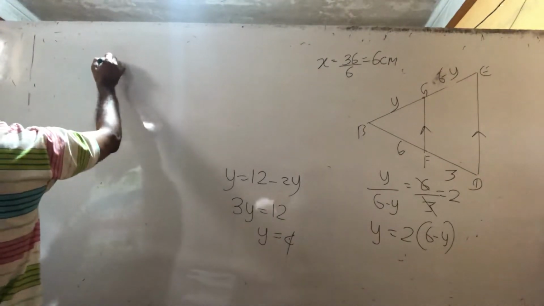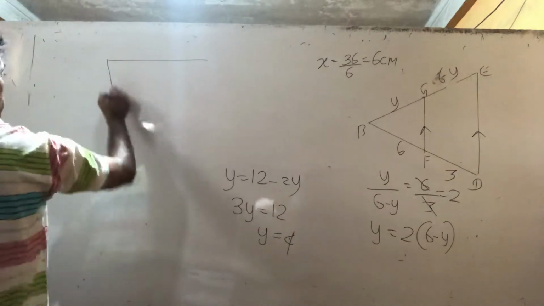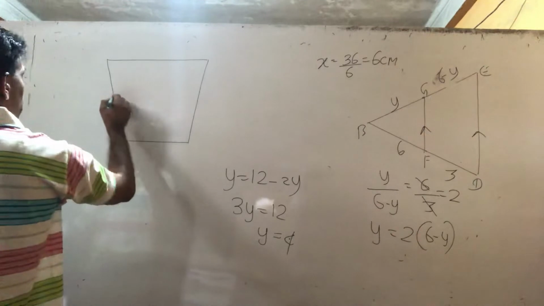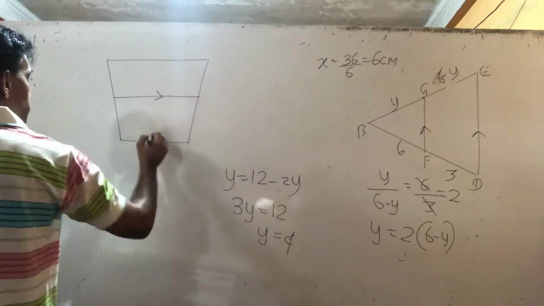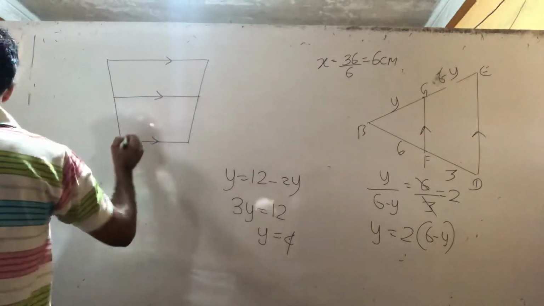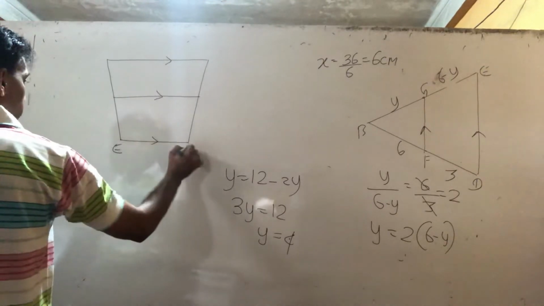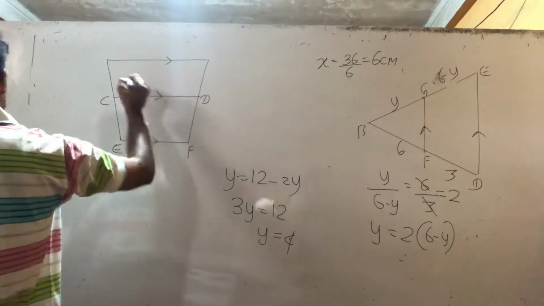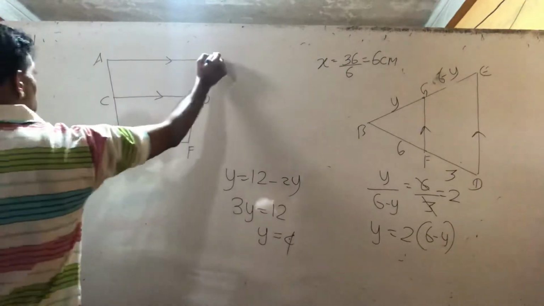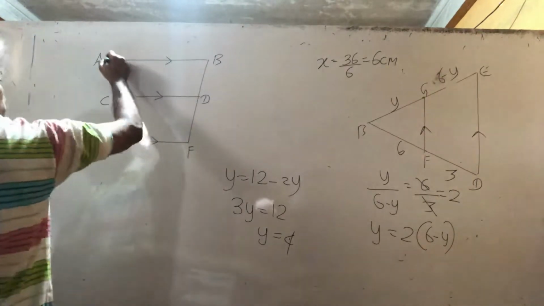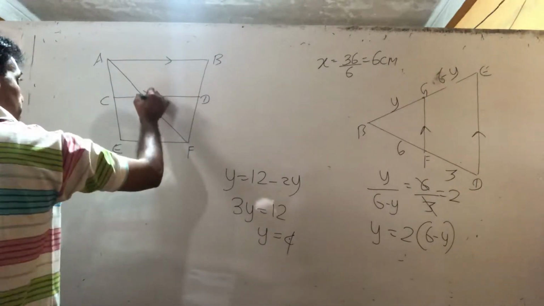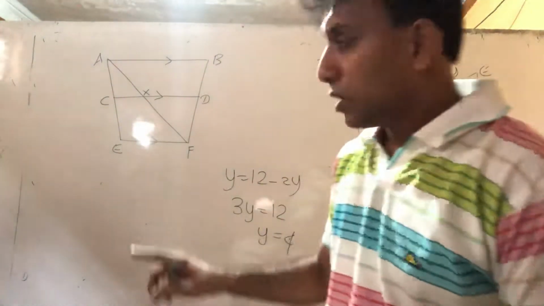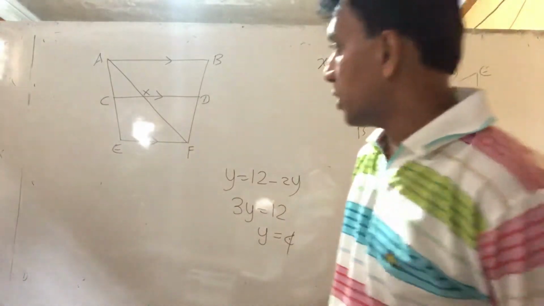Question number 7. Like a trapezium, the biggest trapezium shape available, and another parallel in the middle. E, F, C, D, A, B. Here X. In the given figure, this is about the parallel lines. AC is 3, mark the details.